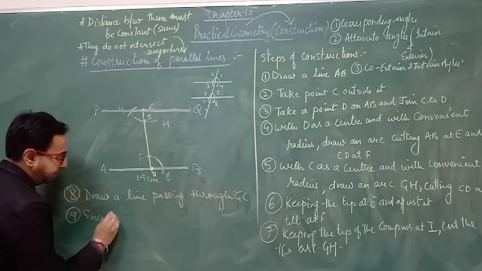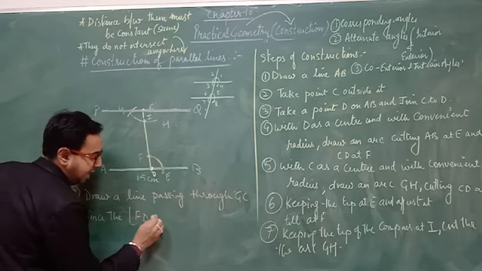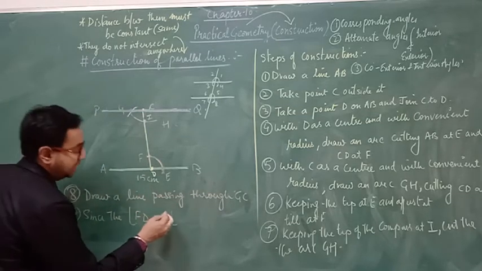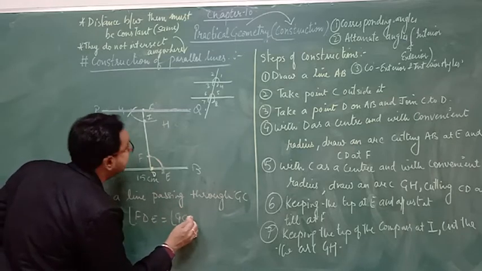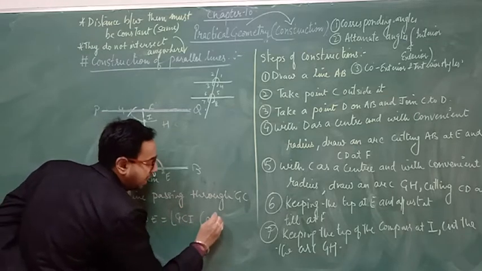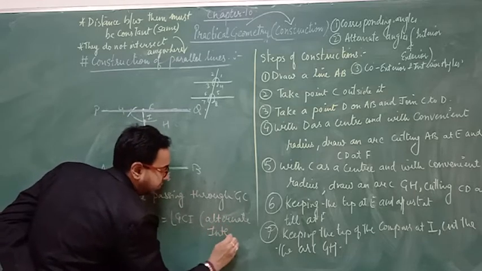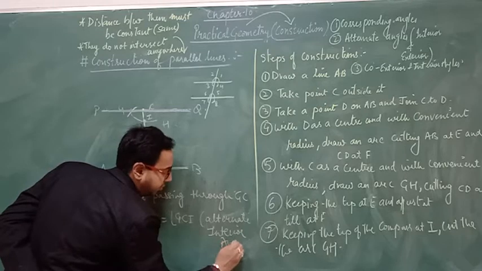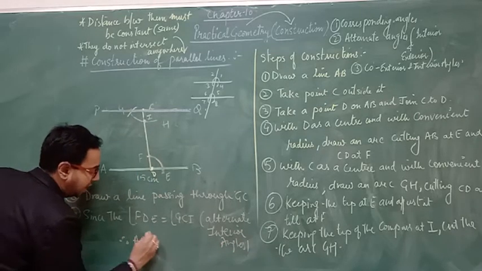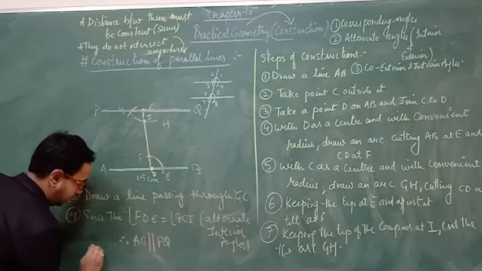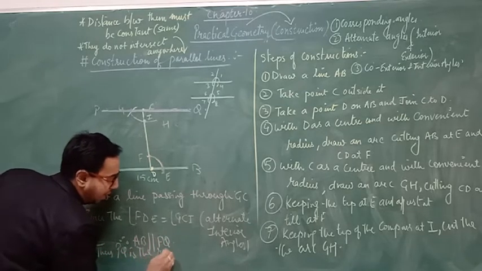Since the angle FDE is equal to the angle GCI, why? Because of alternate interior angles. Therefore, AB is parallel to PQ. Thus, PQ is the required parallel line.